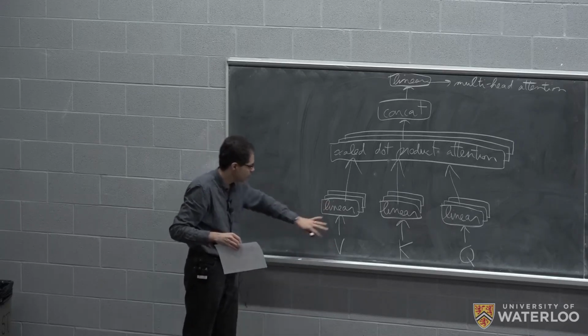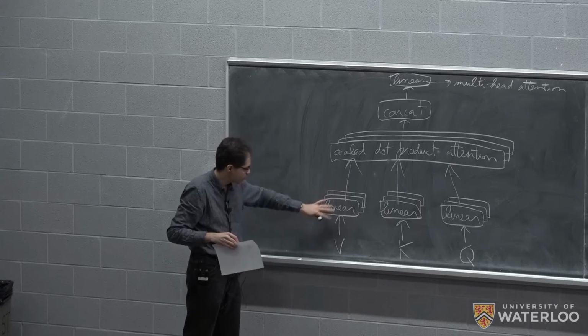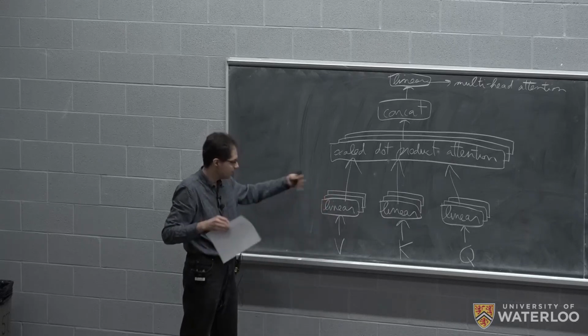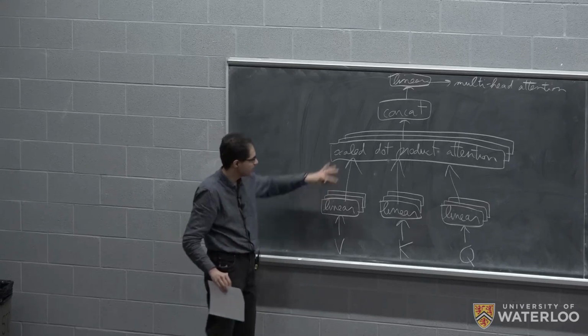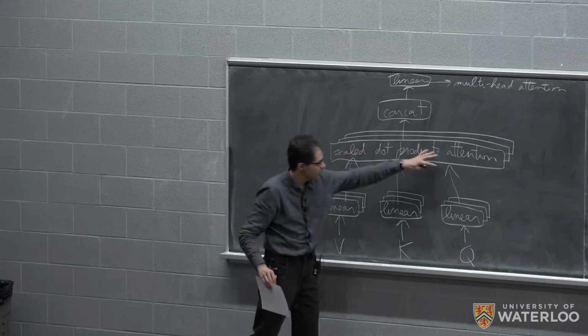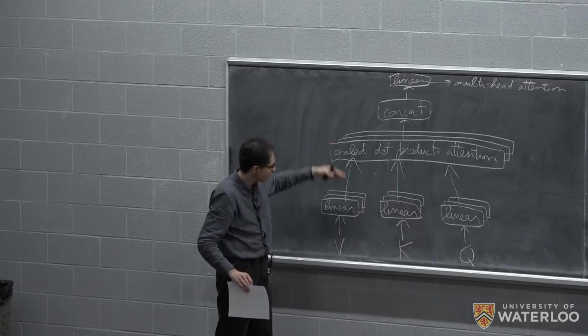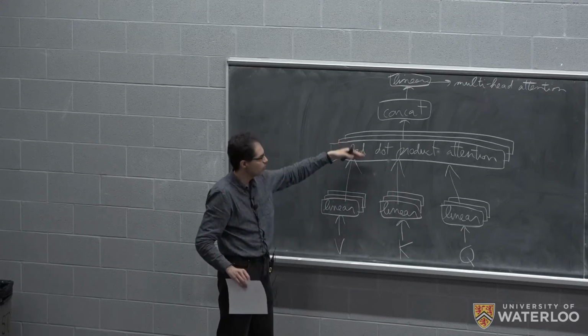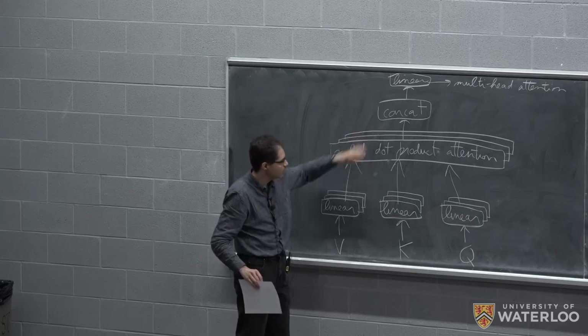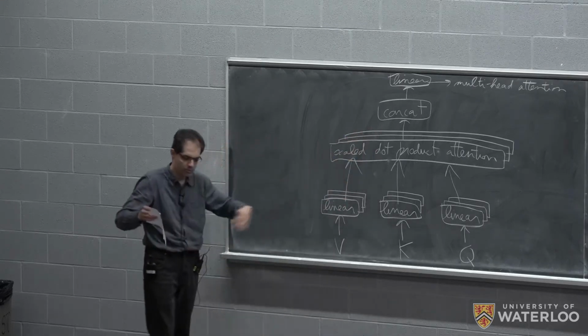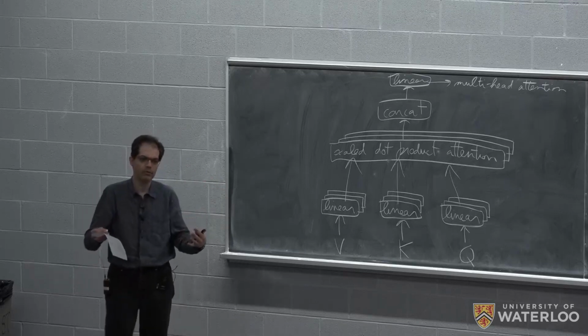Okay, so here this will give us different projections or different spaces, a bit like multiple filters in a convolutional neural net. And then when we compute the scaled dot product attention, for each projection there's going to be a different scaled dot product attention. So we're going to get multiple of them, and that corresponds more or less to having multiple feature maps.